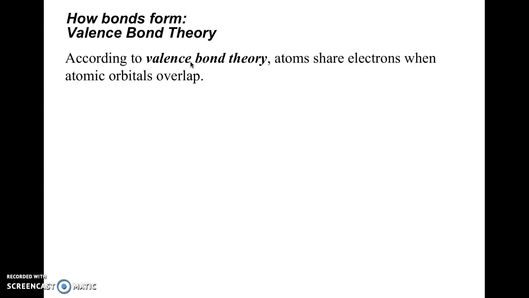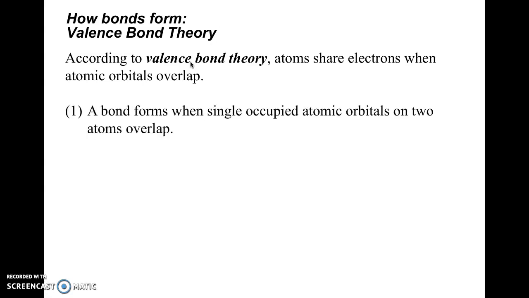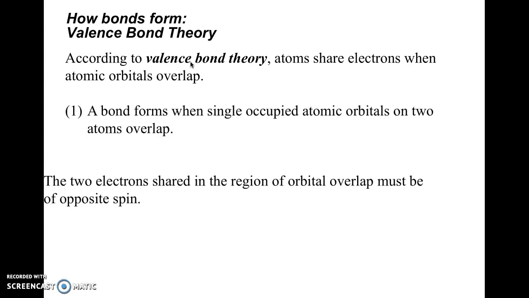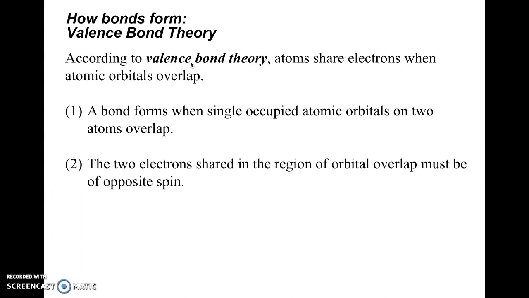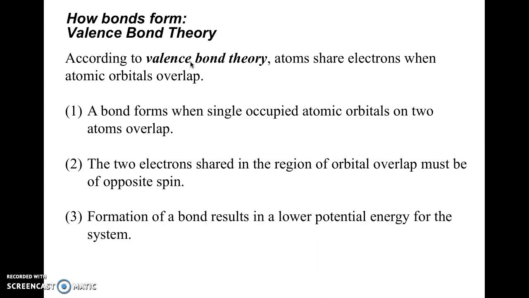All right, now we're going to start talking about how bonds form. And the very first one we're going to look at is valence bond theory. And this says that valence electrons overlap, and that's how atoms share their electrons. And so we just need for two orbitals to overlap, and the electrons then have to have opposite spins or be spin paired.